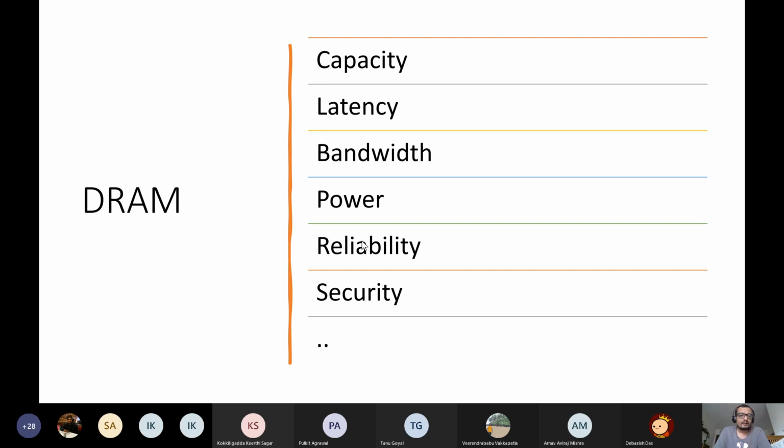So that is one of the hot topics, at least if you consider data centers, where your power consumption at the DRAM level or off-chip memory level will be directly correlated with the electricity bill. And then comes the notion of reliability and security, which was there before, but there are new attacks and new possibilities coming in every now and then.